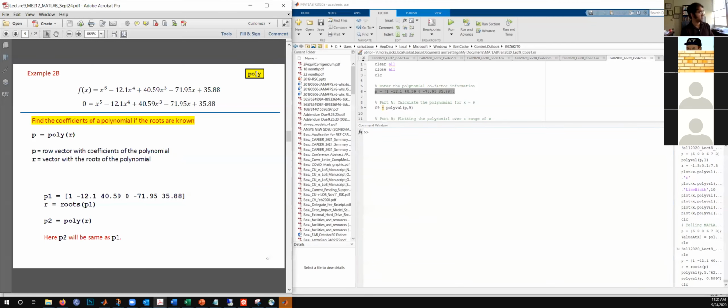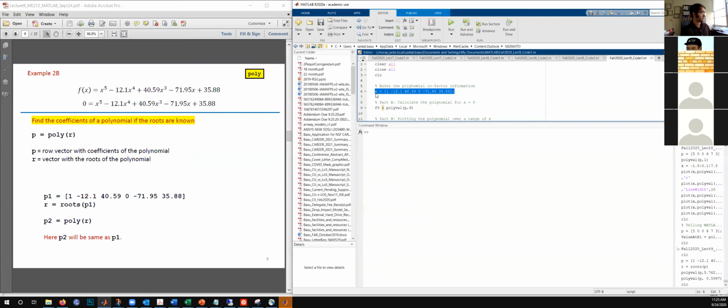Let's move into the third one, which is poly. What poly does is basically find the coefficients of a polynomial if the roots are known. So imagine that the roots are known to you and you are trying to figure out what the polynomial is, such that the roots are those particular values. So let's again try this example.